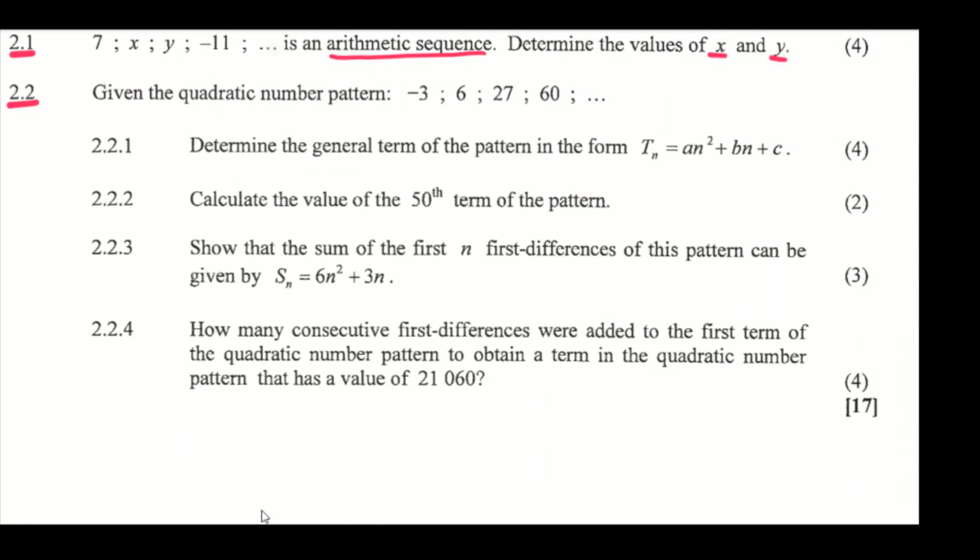We're going to do 2.2, which says that given the quadratic number pattern of minus 3, 6, 27, and 60, 2.2.1 says that determine the general term of the pattern in the form of Tn is equal to an squared plus bn plus c. So we are asked to find the general term of this quadratic number pattern.